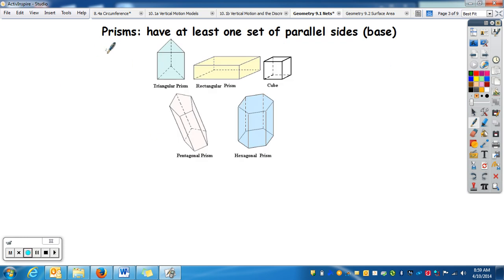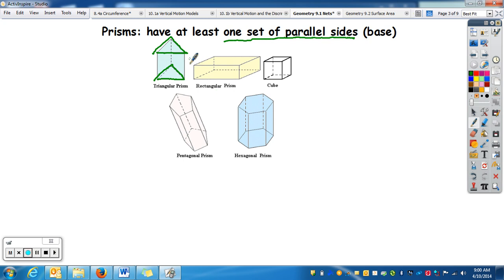One specific type of polyhedron that we're going to be working with is prisms. Prisms have at least one set of parallel sides, sometimes more than that, and their names are based off their base, or what is parallel. Here we have a triangular prism because we have triangular bases.